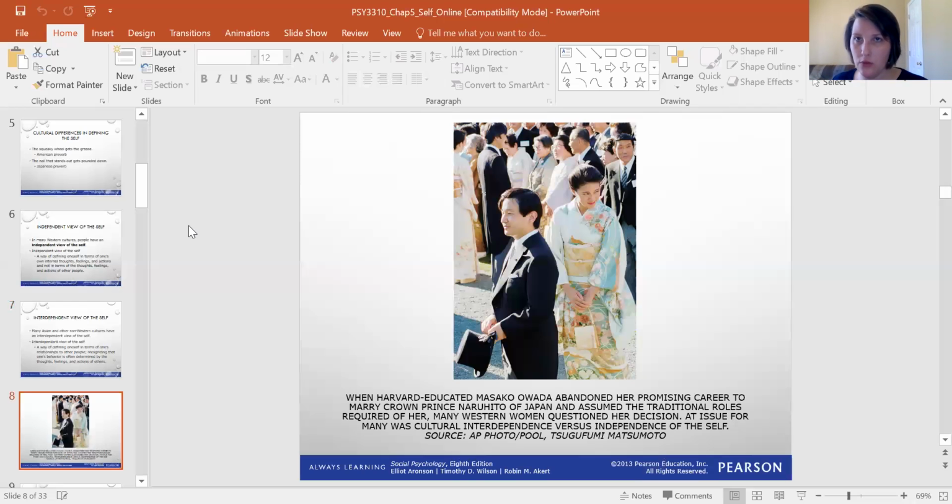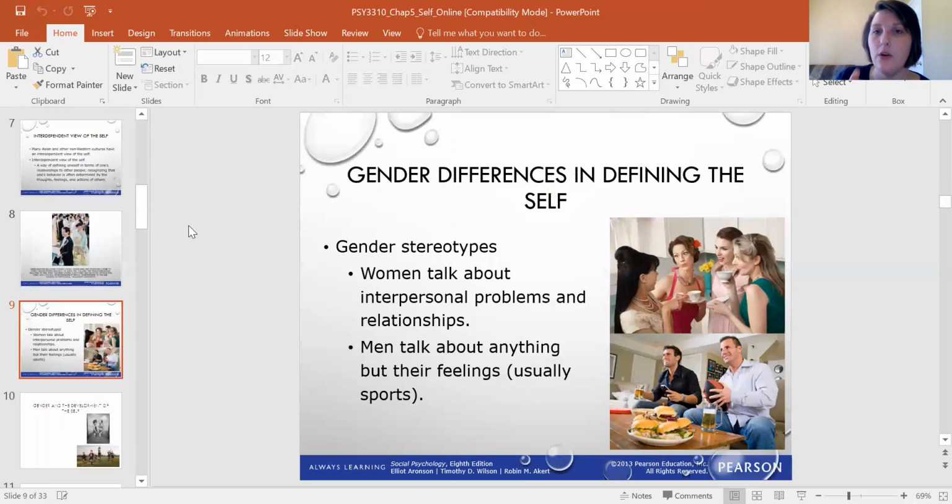And because the royalty in Japan was so specific to having these very specific traditional roles, it didn't help her; she wasn't able to step out of that. And so, just because somebody is brought up in a culture where the majority is more interdependent, or independent, doesn't mean that that person is going to adopt that view of themselves.